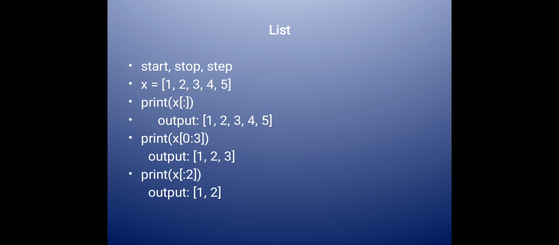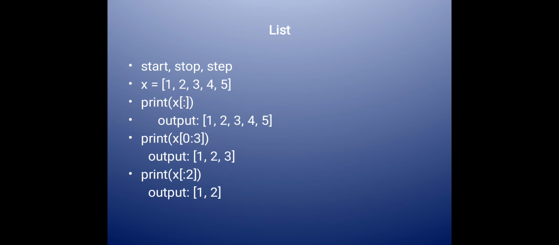But before going to that, you have to know what is start, what is stop and what is step. Start is the starting index position of the list. And stop is the last index position of the list. And step means it will skip the nth element within that start and stop. That is step.